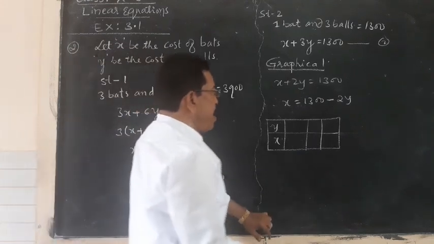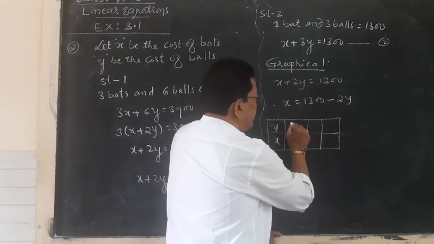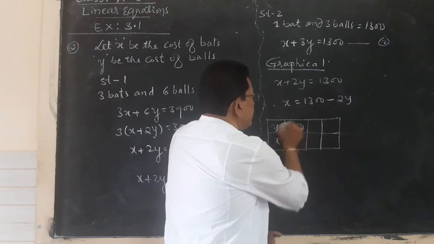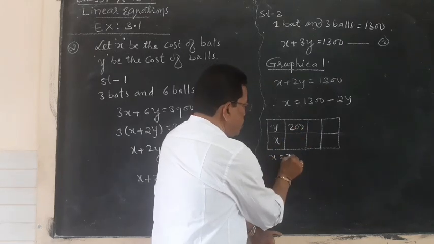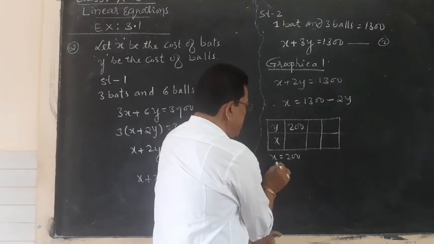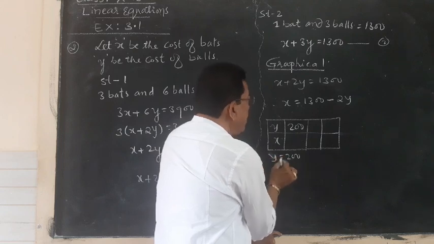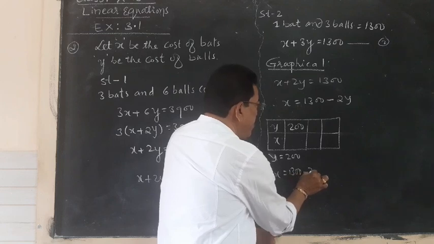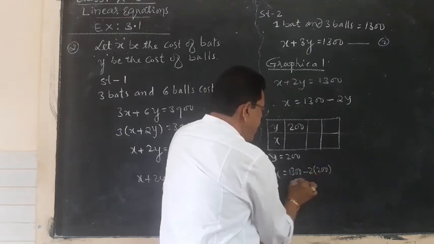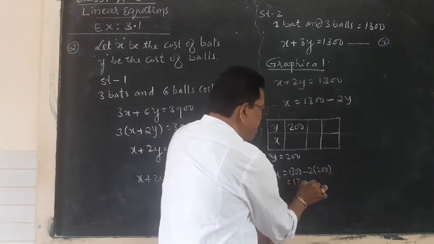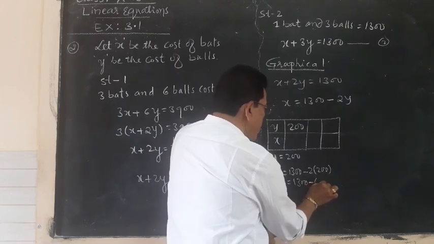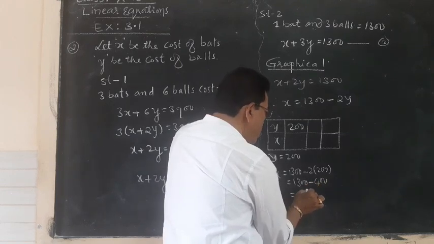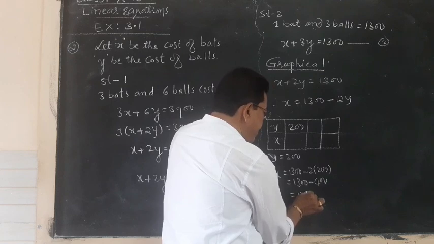Let us take y as 200. If y equals 200, what happens? x equals 1300 minus 2 into 200, that is 1300 minus 400. How much do we get? That is 900.